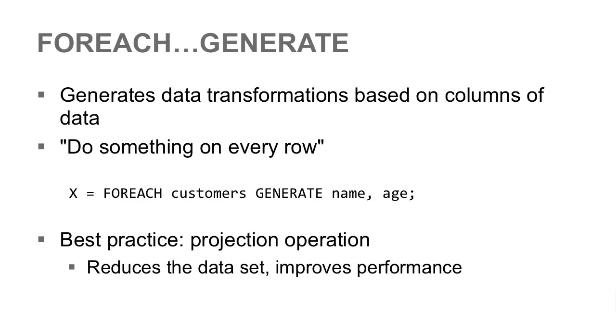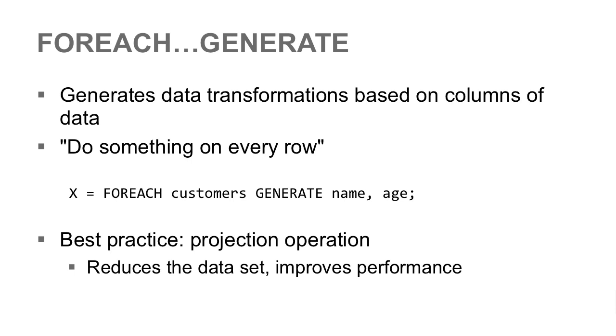For each generate is the next operation. What it will do, it will generate some data transformations based on columns of data. So basically what we do with it is we perform some operation on every row. And here is an example. We will be going through the customers and we will be creating a new relation that consists only of the name and the age of the customer.